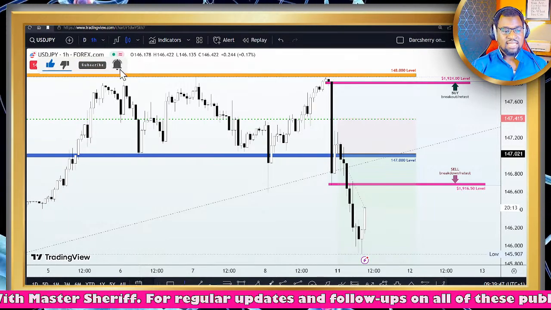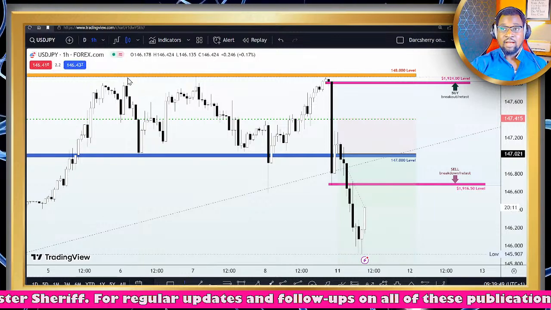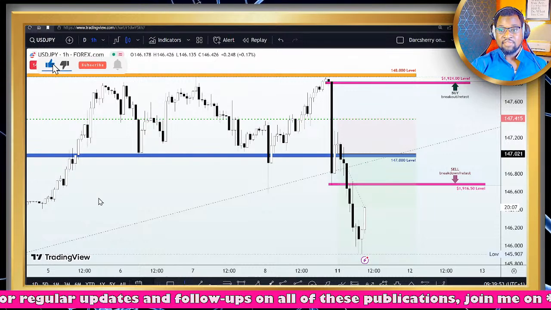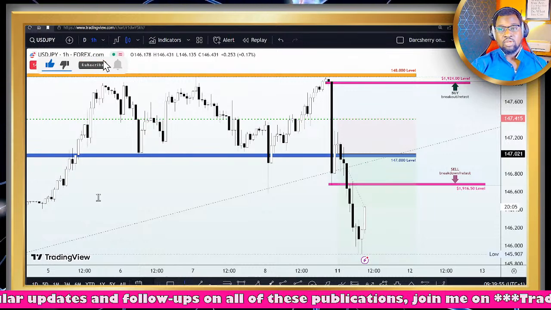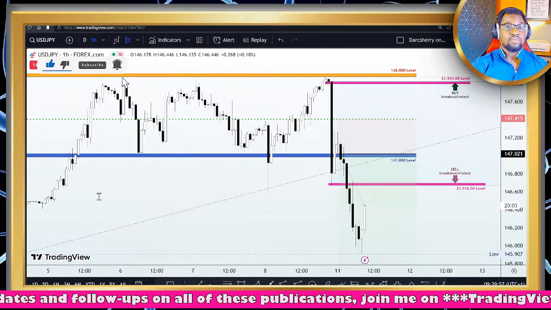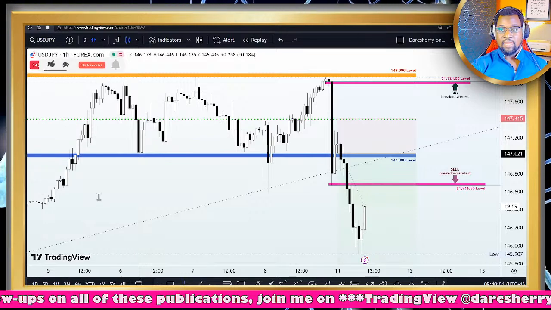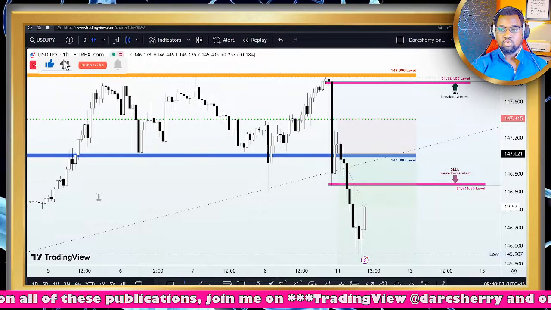So let us look at how the market will be reacting to this anticipation, and of course look out for setups and patterns that we can be using to guide our trading decisions for today.